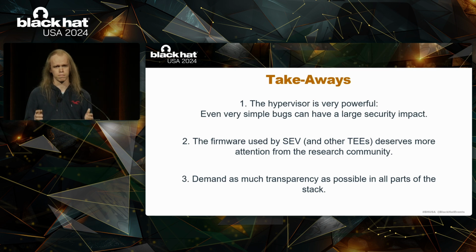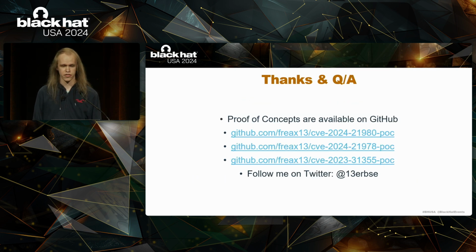But this also applies to the software that's actually running inside of the guests. So there are some people and some clouds that don't want to give you access to all of the code, but ideally, if you want to use a TE and you want to trust that TE, you should demand as much transparency as possible.